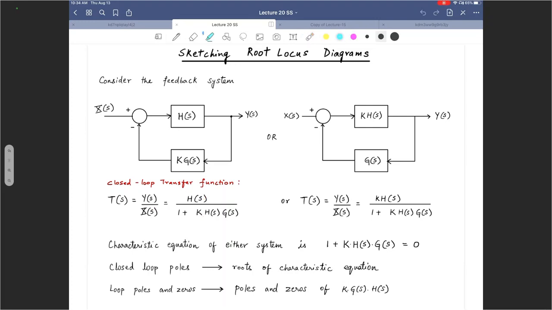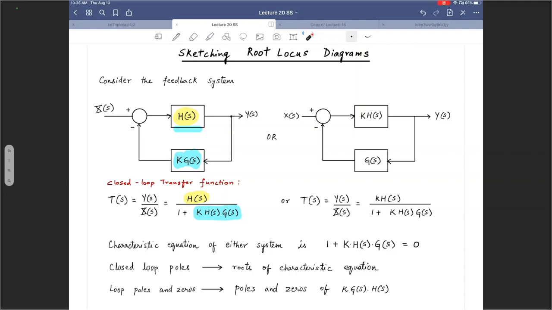So forward we have h of s, and divided by 1 plus product we have the multiplication of k g of s and h of s again. We saw techniques on how to derive the closed loop transfer function in the previous lecture, but that's what it is for the system that is shown on the left.